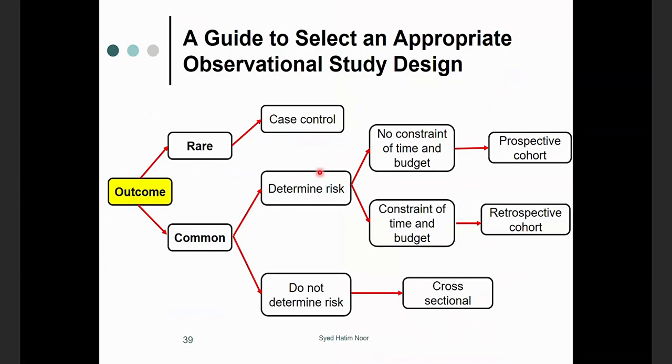If you have no constraint in terms of time and budget, that means you have a lot of money and a lot of time, then you go for prospective cohort. But if you have limitation in terms of time and budget, then you choose retrospective cohort. So this is a summary of how to select the appropriate observational study design.